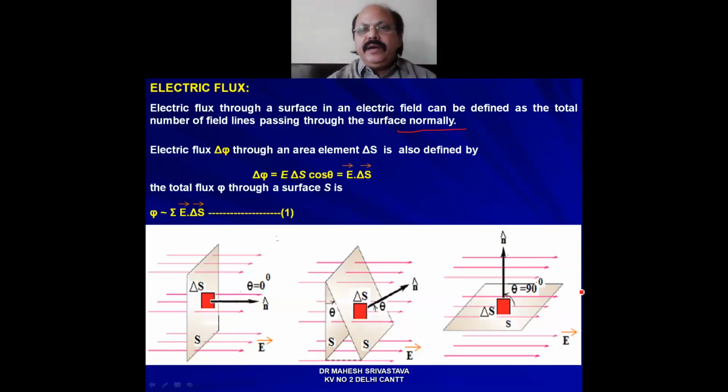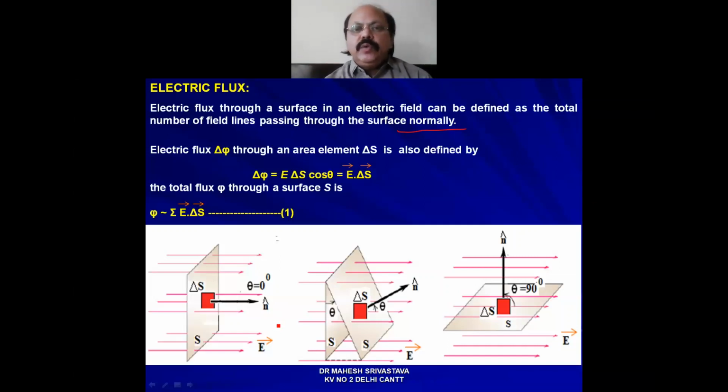In one diagram, the surface of area S is placed in such a way that electric field lines pass through it. If we take a small area element delta S and draw a normal outward, then the direction of the area vector and the electric field are in the same direction. That is, the angle between them is 0.